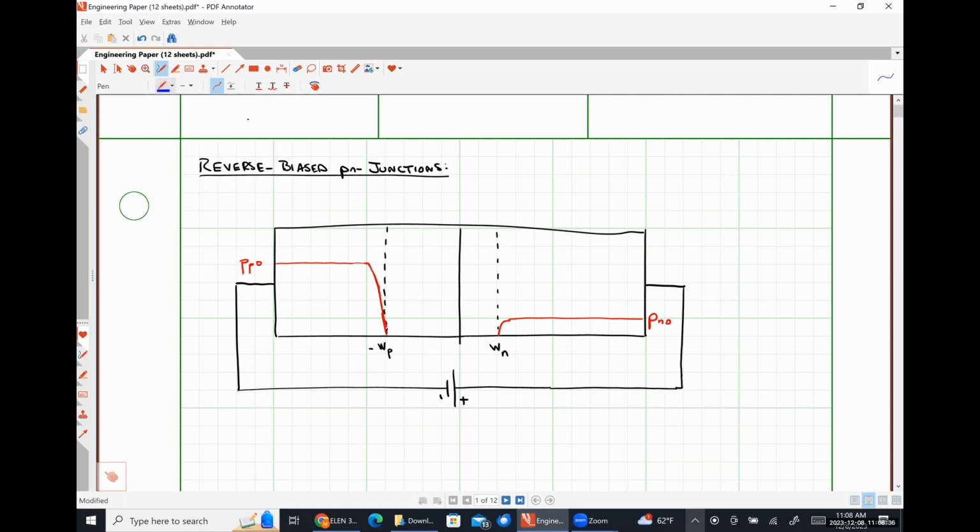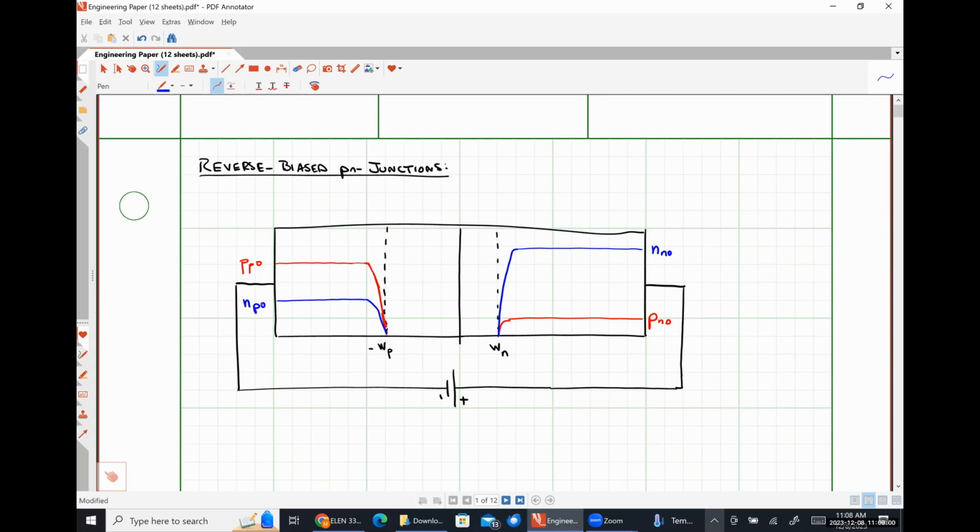For electrons, we're going to have something like this, where this is the electron concentration on the N side at thermal equilibrium. And this is the electron concentration on the P side at thermal equilibrium.